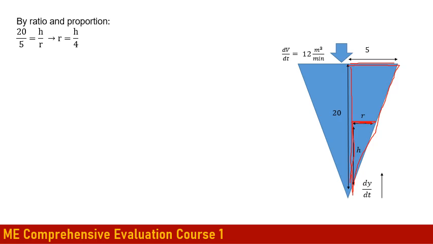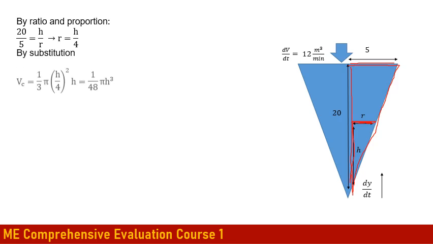So we simply take the ratio and proportion of these two triangles to get the relationship of the height and the radius, so that the radius is equal to height over 4. Therefore, if the height is given as h, then the radius would always be 1/4 of the height.